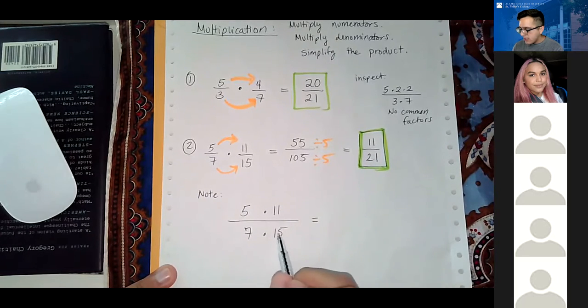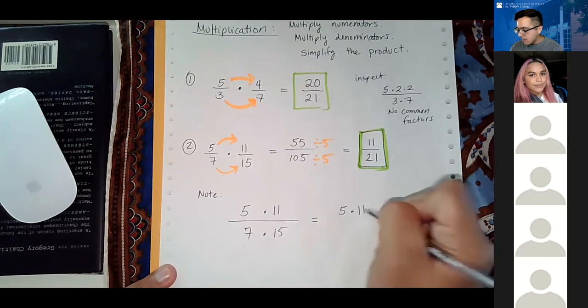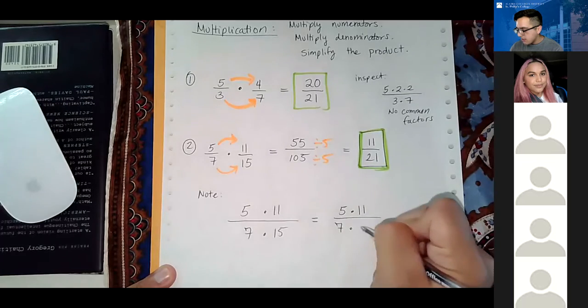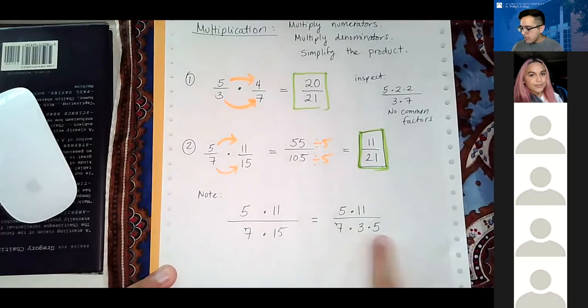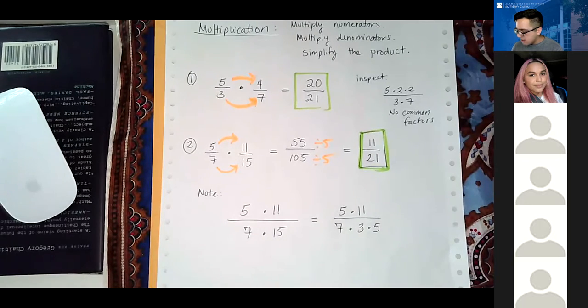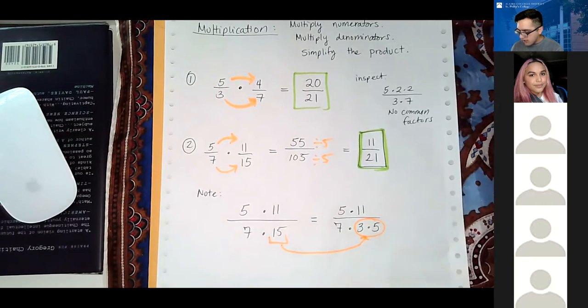We could break down this 15 into 3 times 5, and rewrite this as 5 times 11 over 7 times 3 times 5, right? Because 3 times 5 is our original 15. But once we do that, we can cancel out the 5s.